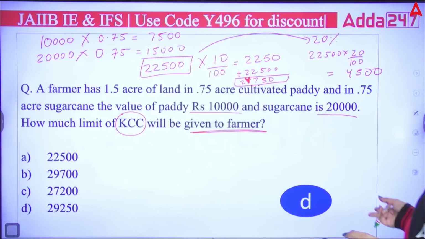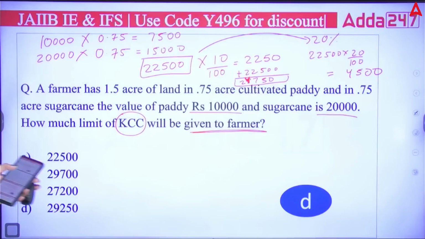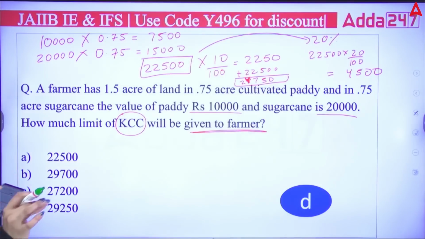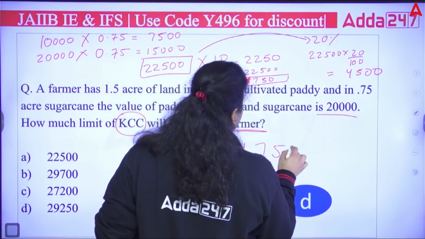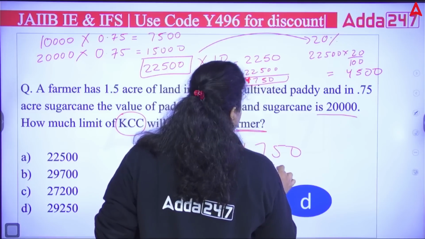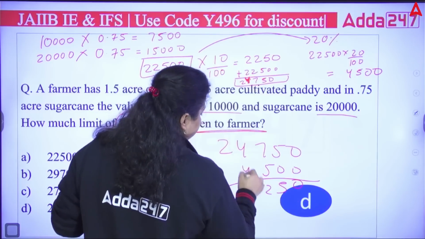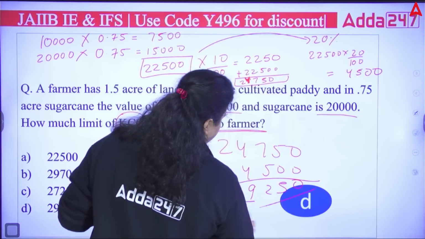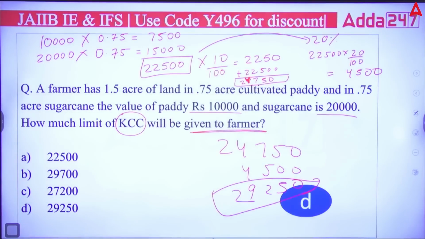So first you calculate the 10% value of your extent of cultivated area value and then the 20%. In the end, 24,750 plus 4,500 gives the right answer: 29,250. So the right answer will be D.